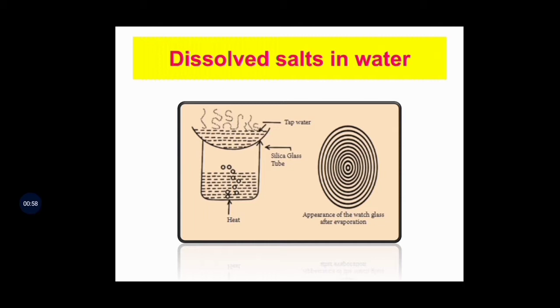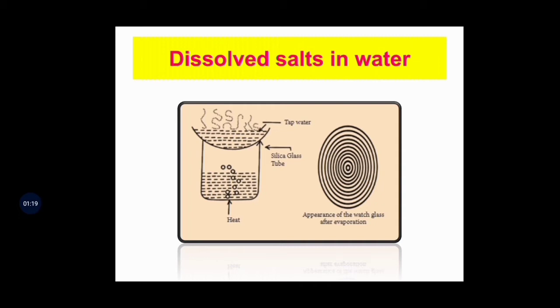In this diagram, you can see a sample of tap water which is present on a clean watch glass, and it is placed over a beaker containing water. When you boil the water in the beaker, what will happen?